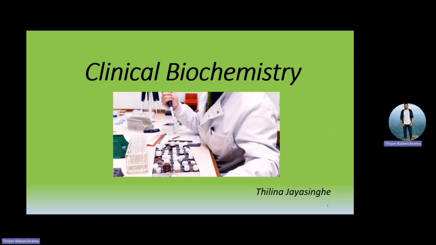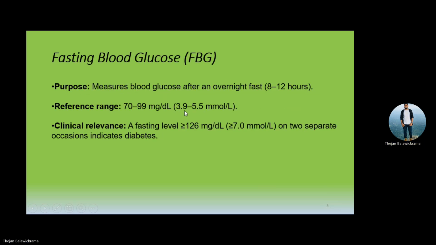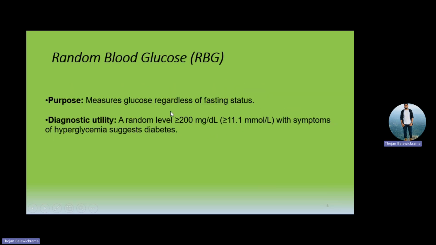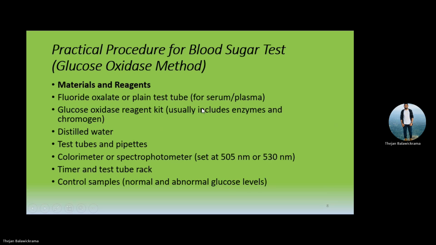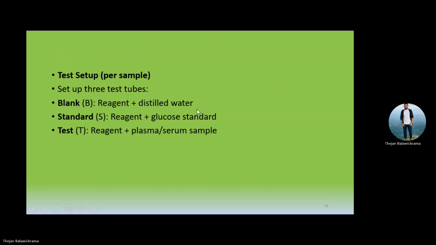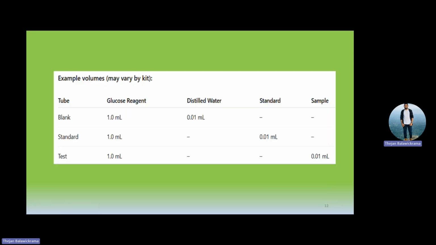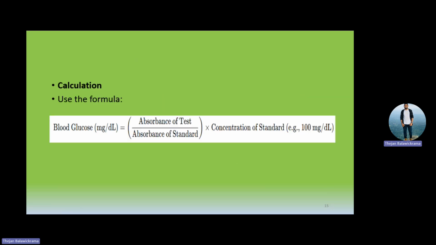Right. This we started last week, one before the last week. Well, we discussed blood sugar tests. Under that, we had several categories: fasting blood sugar, random blood sugar glucose, and OGTT. In the test, we talked about how to collect the sample, the clinical side, the reference ranges, and how to do the calculations.